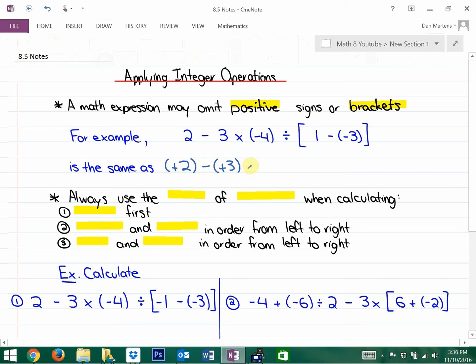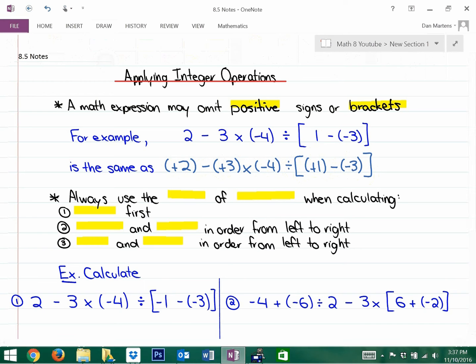So I'm just adding brackets and positive signs where there are none. So this number 1 could also be positive 1 minus negative 3. So these two math expressions actually mean the exact same thing.